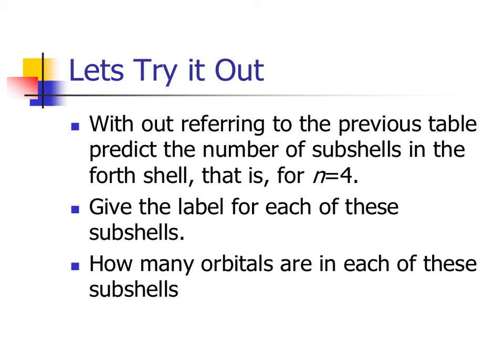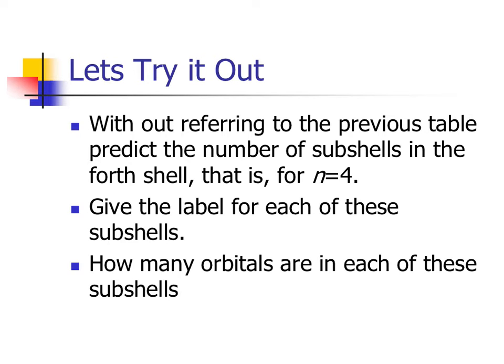So, these are all about patterns. Can you determine the pattern? Without referring to the previous table, predict the number of subshells in the fourth shell, meaning for an element in the fourth row.